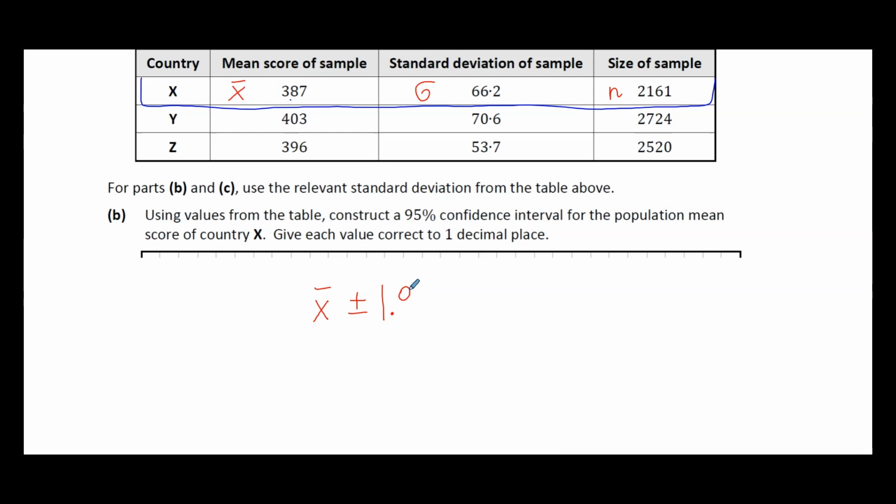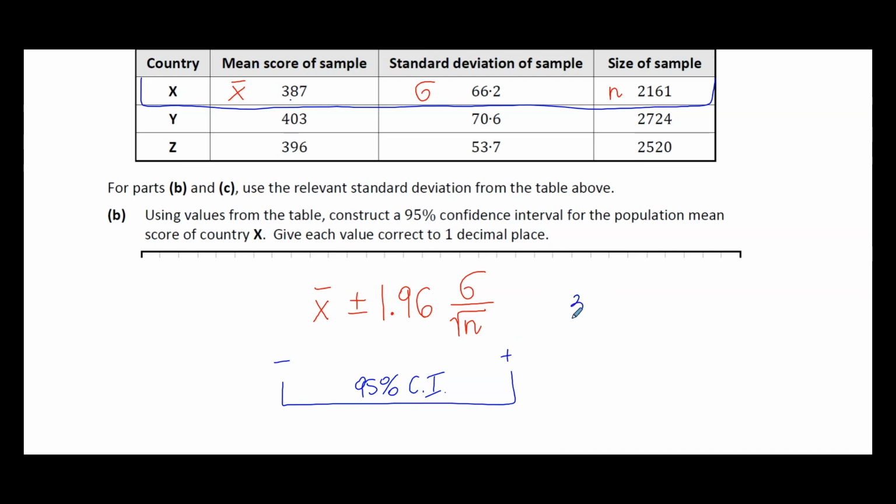It has different names. So it is 1.96 multiplied by standard deviation over the square root of the size of the sample. So that will give me the two values. That's where my 95% confidence interval is. So one version with minus and the other one with plus.